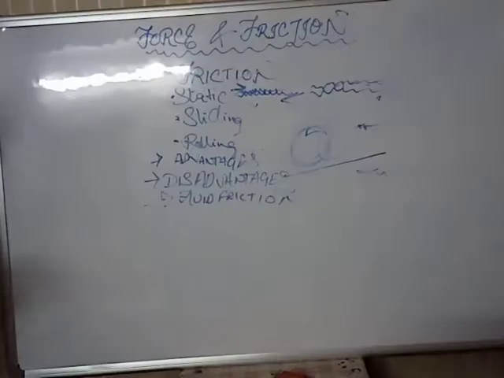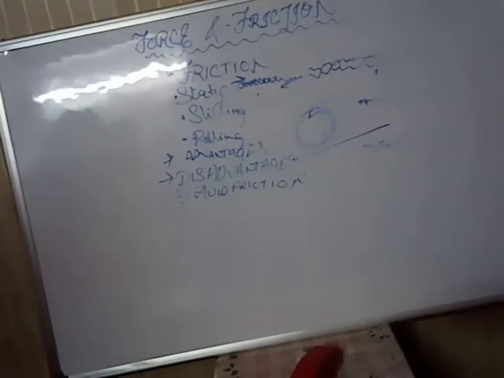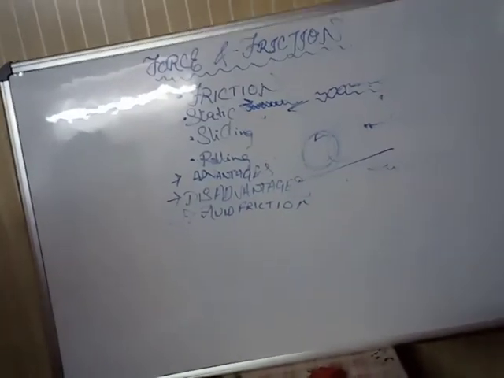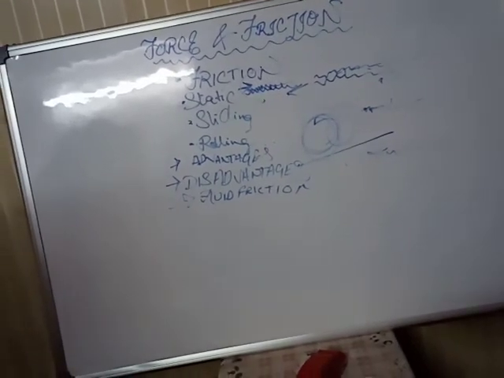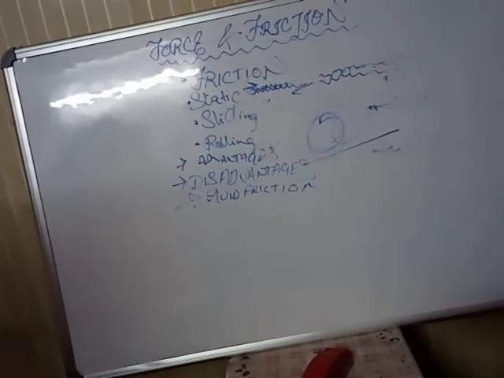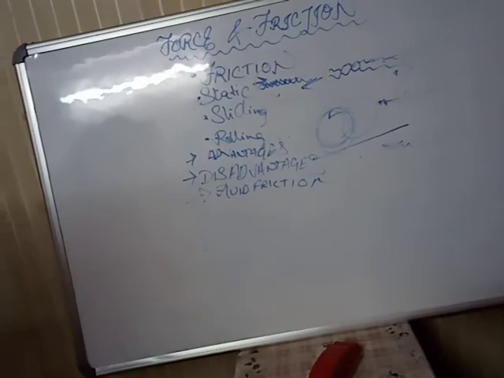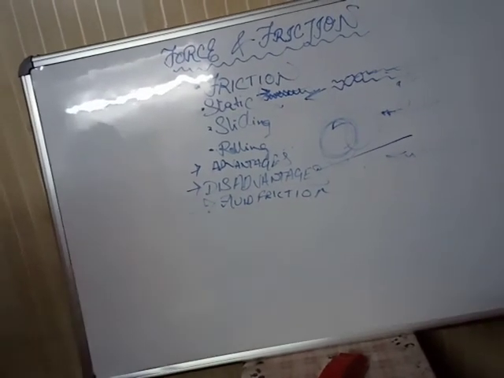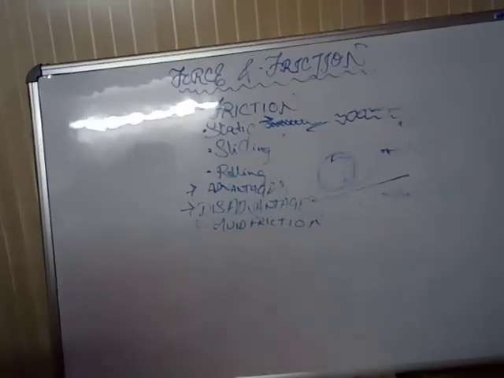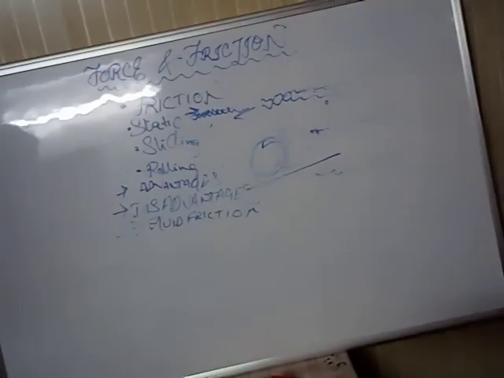The chapter is complete. Read the key terms. And do the checkpoints in your book. The fill in the blanks on page 157 and the checkpoint on page number 162. Okay, thank you.